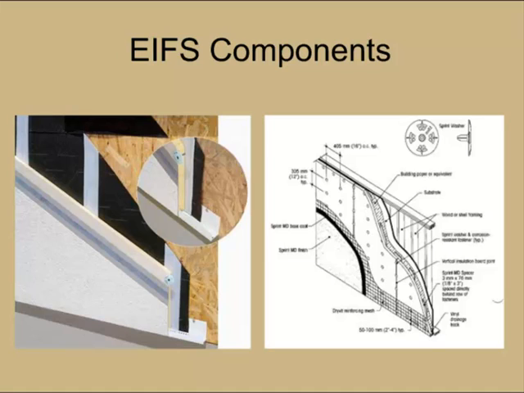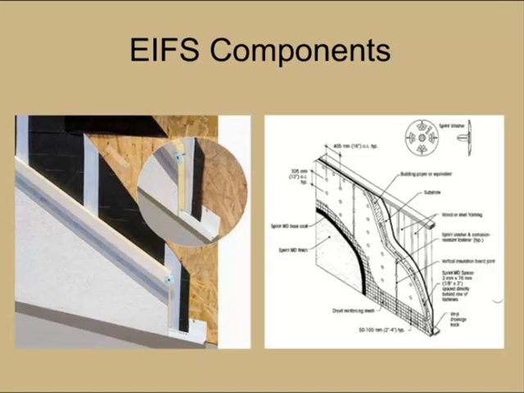The most critical part, and that's why we have it blown up on the left-hand side of this graphic, is the drainage system. As Russ said, original EIFS systems did not incorporate drainage, and that caused a lot of failures. So you want to make sure that you have a drainage track that would allow moisture that's penetrated that system to make its way to the exterior.